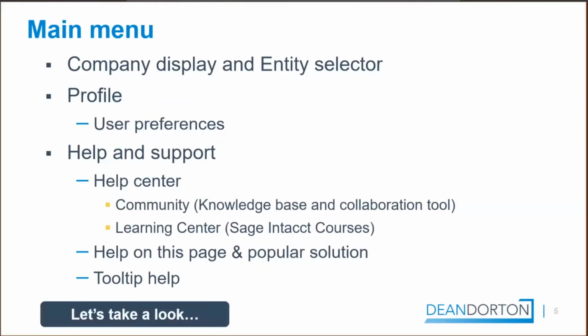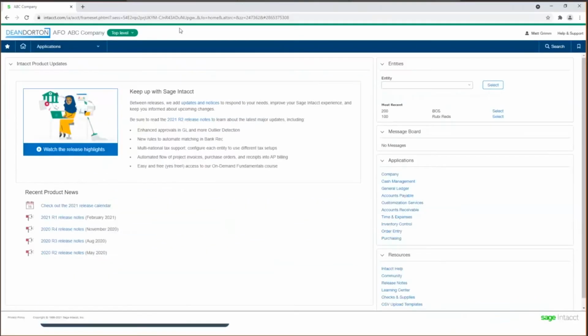Okay, so let's jump into Sage Intacct and actually take a look. I'll just drag this over. As I'm logged in, when I say the main menu, it's going to be this white strip right up here. Here's where you can find the company you're working in. You'll notice the logo. If you're working in a multi-entity environment, this is where you can switch between the different entities.